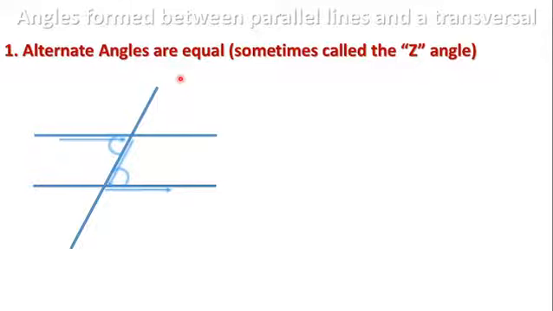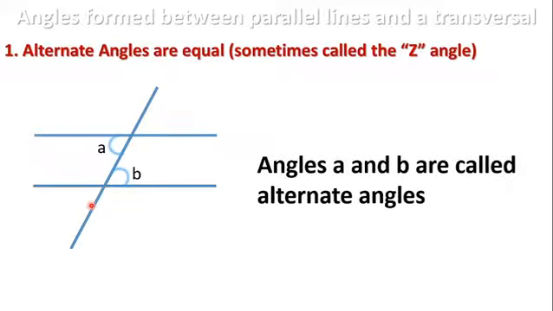Okay, so if we label this angle right here A and we label this one B, then angles A and B are called alternate angles, and that implies that A will be equal to B. So in case you are given the value of A, then you could just get the value of B by saying they are alternate angles.